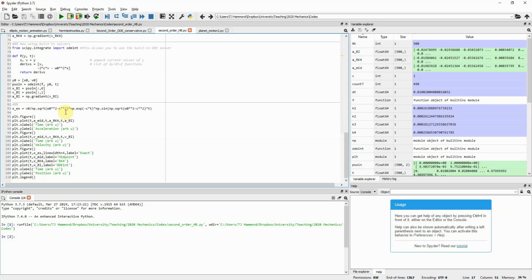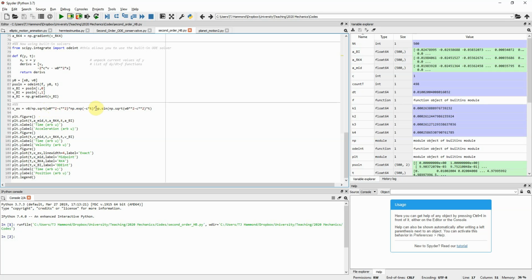And then we know the exact solution, as you should have calculated on the midterm. This is the position as a function of time. It's v naught divided by the square root of omega naught squared minus c squared, that drag coefficient squared, times this exponential damping factor, which is dependent on c.